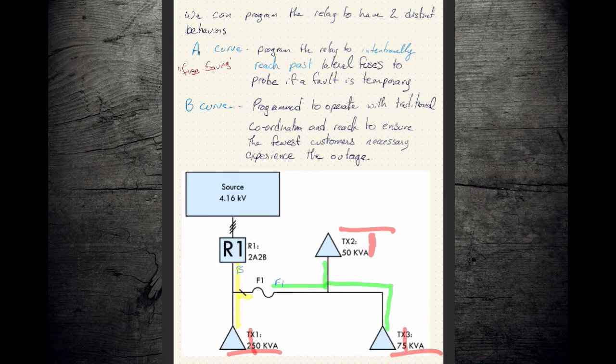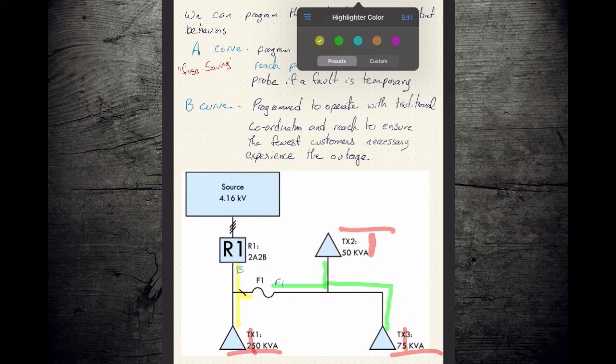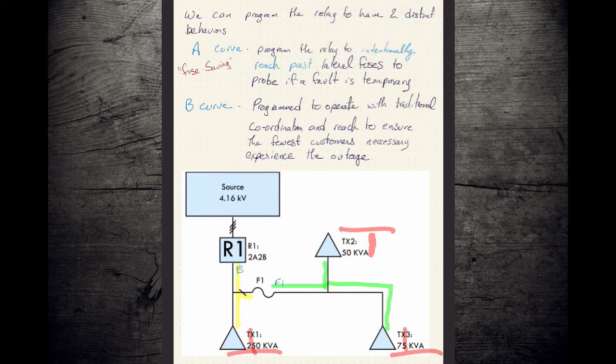But what we can do with reclosers, because of their advanced programming, is set up our A curve so that it stretches all the way past here, and so that it actually goes faster than F1.